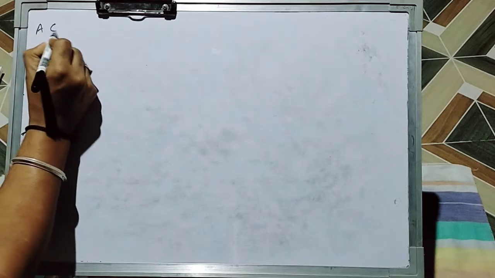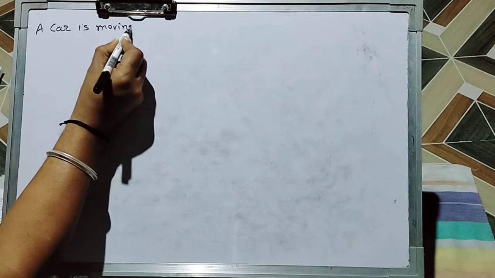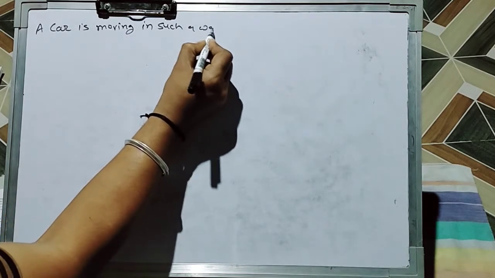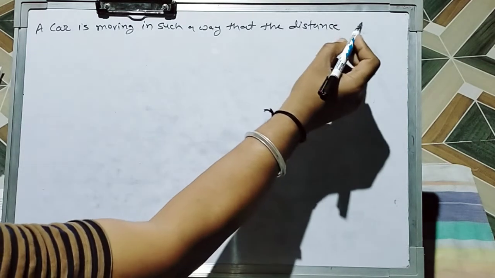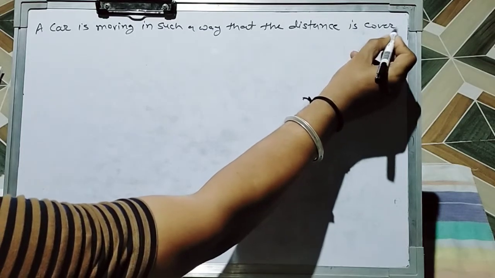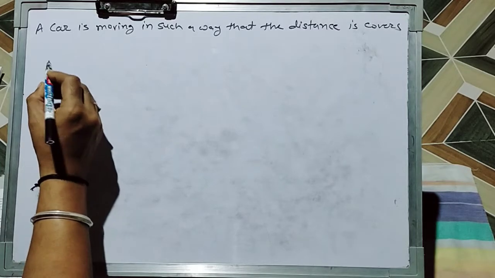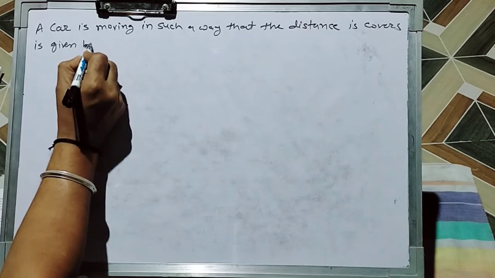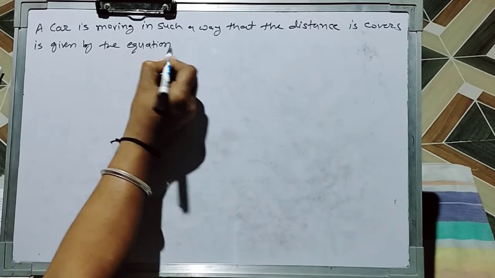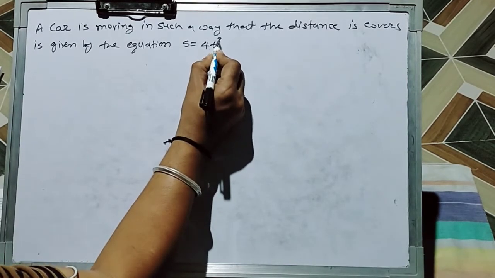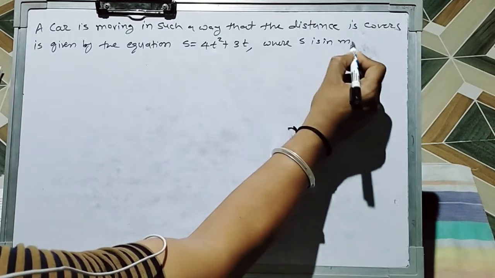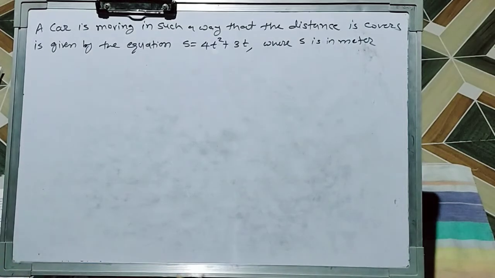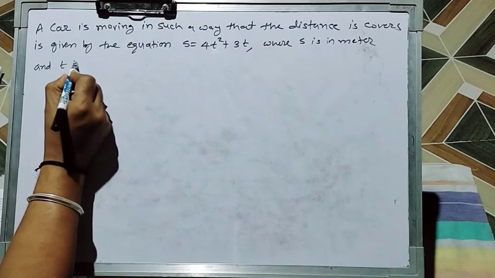So we solve some examples. Now consider the example: a car is moving in such a way that the distance it covers is given by the equation s equals 4t square plus 3t, where s is in meter and t is in second.